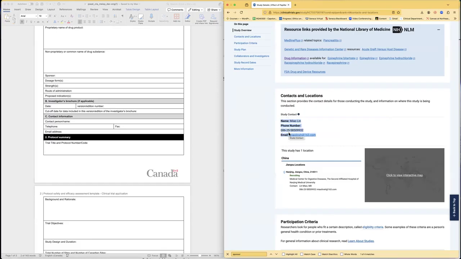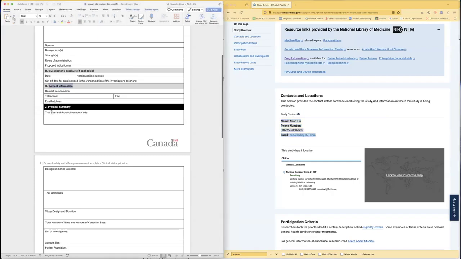Now, you may see in some cases that a study doesn't have contact information, or it just goes to an email, or they just say this is confidential. These things happen. In this case, if you are completing the PSEAT for a test or an exercise, you can just put hypothetical names. But if you can find real contact names, you will need to write the contact names that you can find on clinicaltrials.gov.